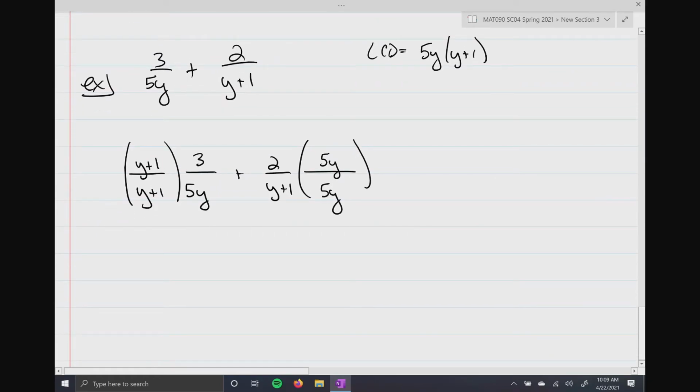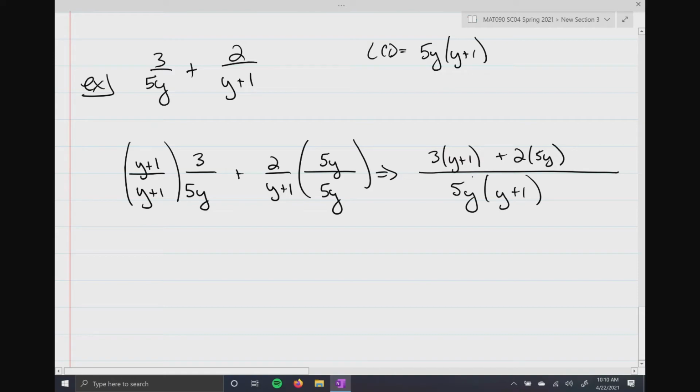So, before I do any math, I always write down the denominator once. Actually, let me write it the other way because we're used to seeing 5y times the quantity of something second. And now I'm just going to write the entire numerator. And just watch how I write this. 3 times the quantity of y plus 1 plus 2 times the quantity of 5y.